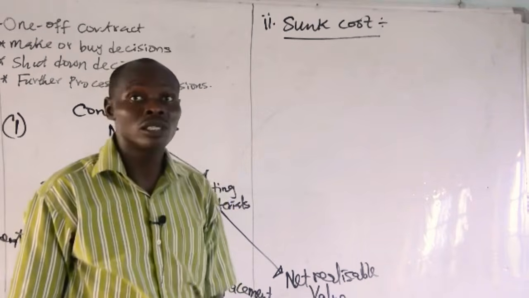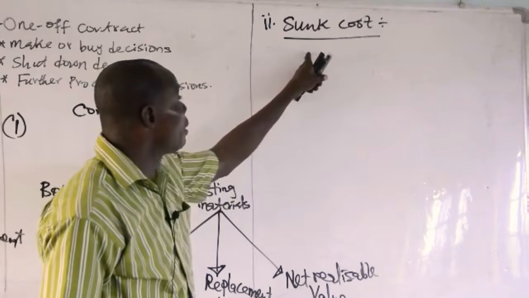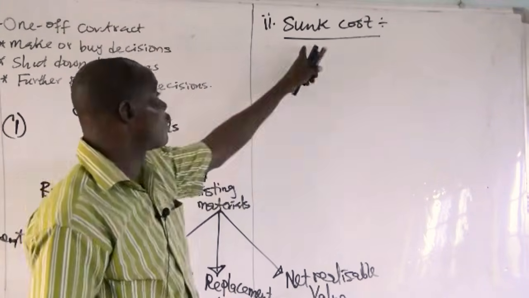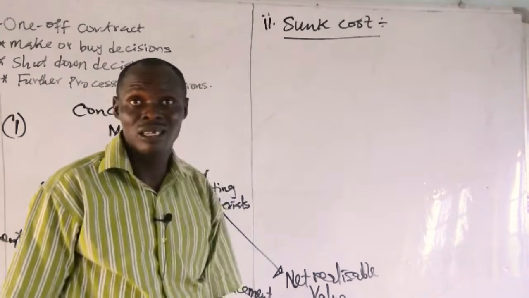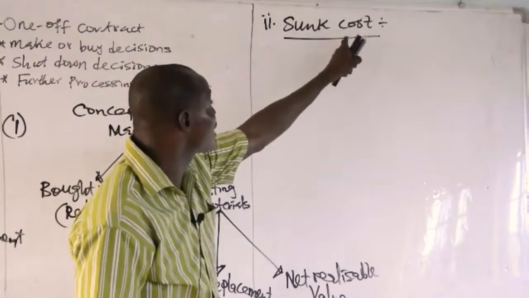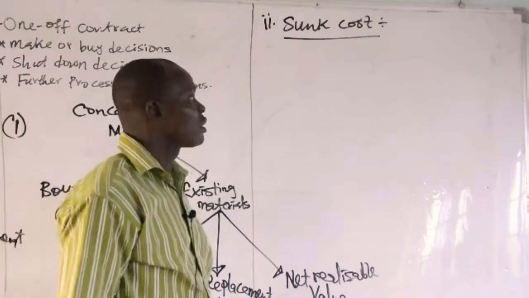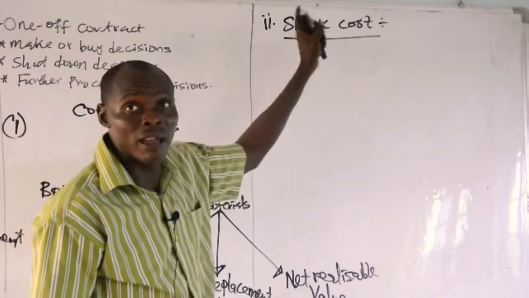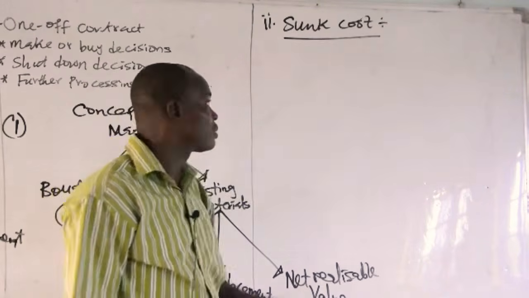Example, we have the cost of drawing the memorandum of association of the company, the cost of conducting the research, the preliminary expenses. All those expenses incurred before the projects are undertaken are not relevant. Sunk costs are past costs. Since the decision is about the future, sunk costs are not relevant.